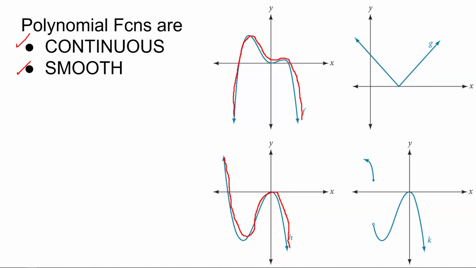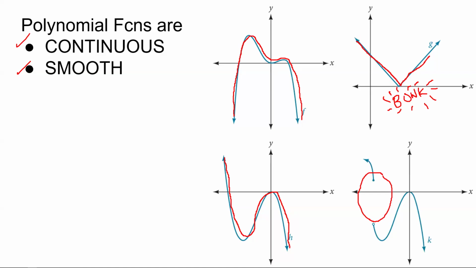When we look at this one, though, the absolute value function that we've studied before, bonk. See how it has a problem right there, and that would not be smooth. Okay, so that is not a polynomial function. Furthermore, this one right here, there's a hole in the track, and your roller coaster is going to fall.